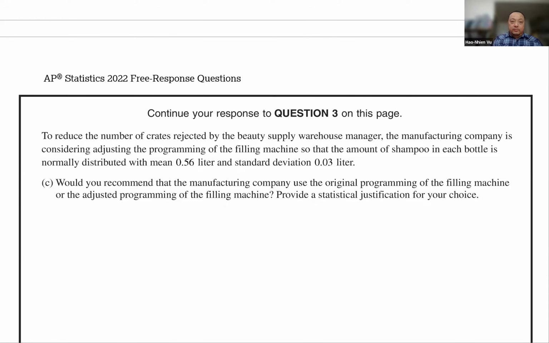Would you recommend that the manufacturing company use the original programming or the adjusted programming? Provide a statistical justification for your choice. We had a probability for the old settings, and now they are doing new settings. So the simplest thing to do is just redo the whole calculation. It may not be the fastest thing, but it is the simplest thing.